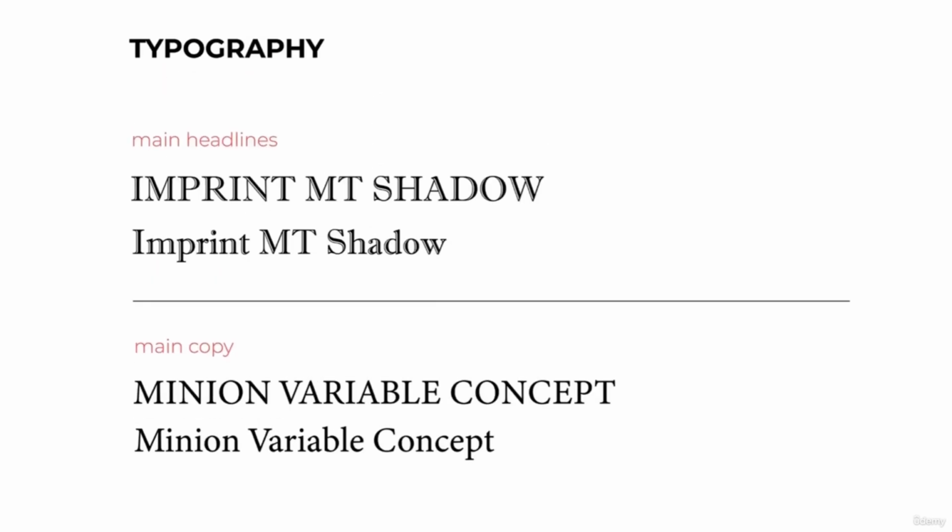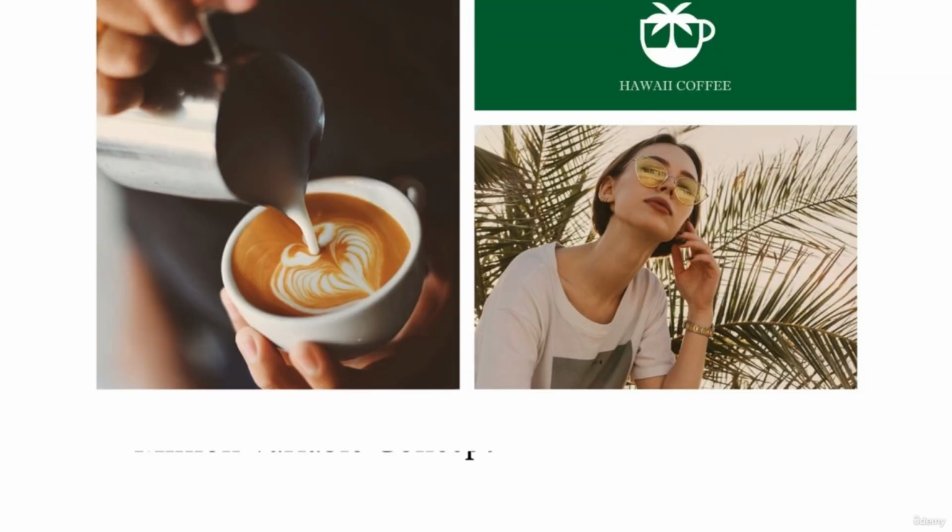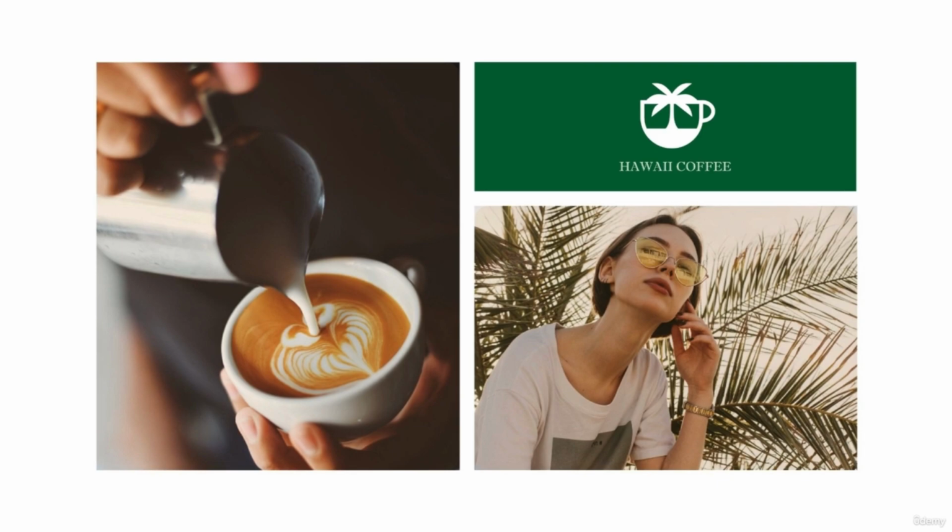So next, you can show the typeface and the font that you're using. So just briefly explain to your clients how those typefaces are being used in different applications, like websites, posters, packaging, and so on. All right, next, you can show some pictures that visually represent the feeling that you want for the brand.